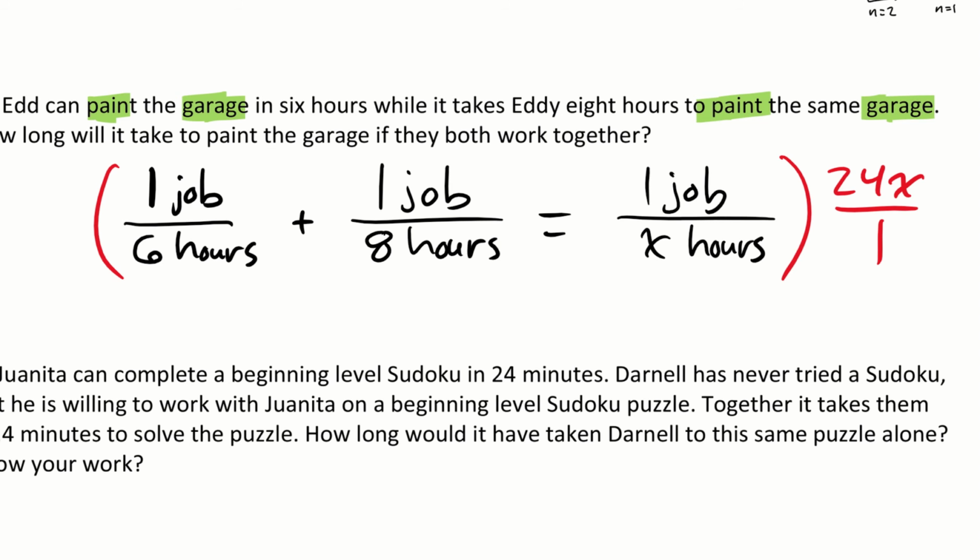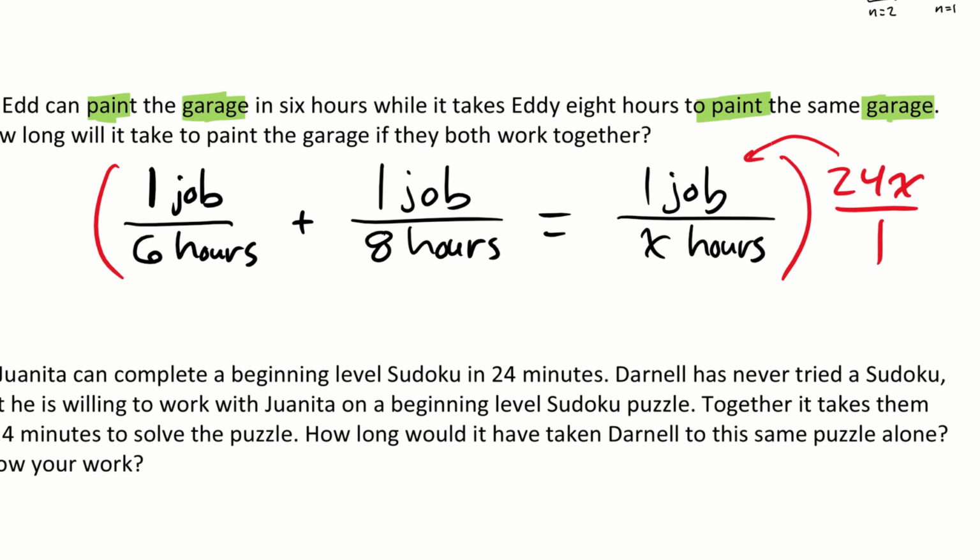Again, big idea, and I can't stress this enough, is the fact that I can push factors of 24x to every single term on both sides of the statement. Each one of these is going to pick up new factors of 24x. Now, I don't need to write those all down.